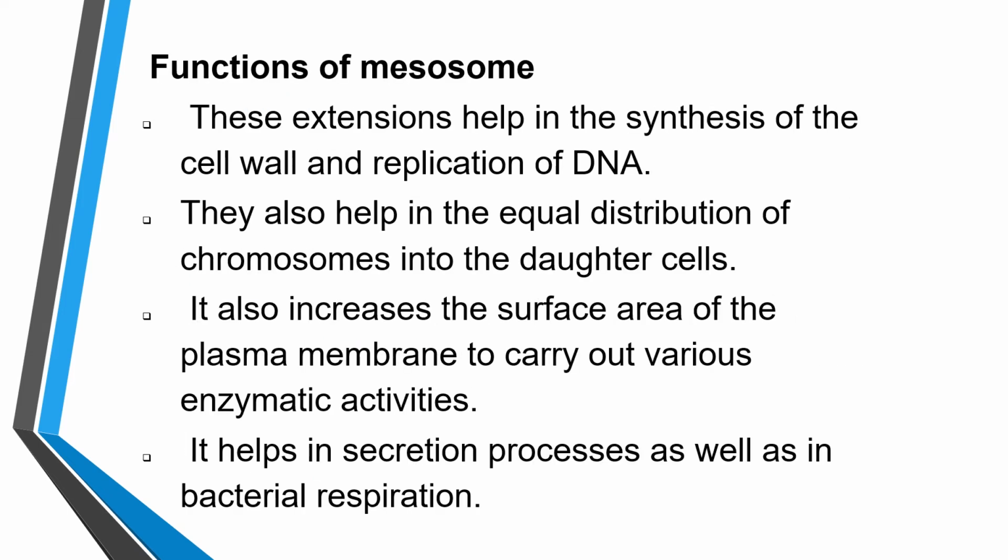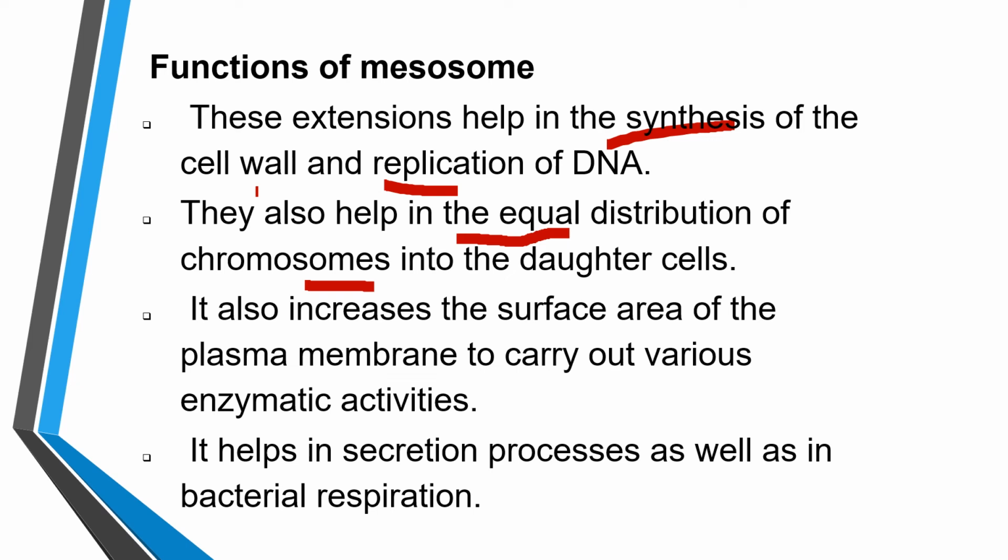The main functions of mesosome are: number one, these extensions help in synthesis of cell wall and replication of DNA. Replication of DNA means DNA copying. Number two, mesosome also helps in equal distribution of chromosomes into the daughter cells during the cell division.